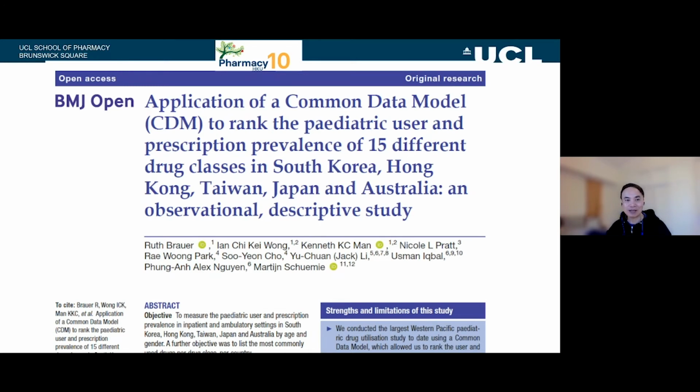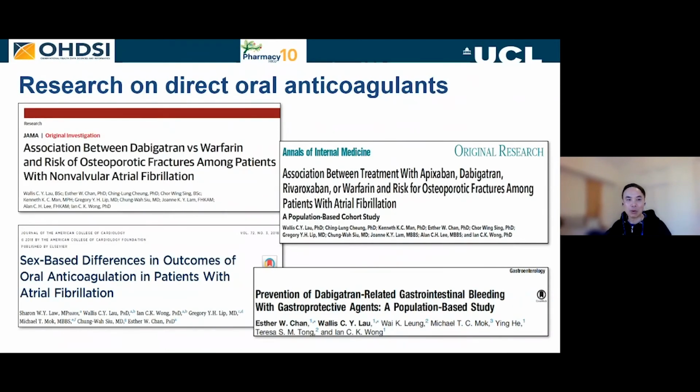But having said that, this time we are looking into anticoagulant. Our team has been working on anticoagulant for a long time. In the past, we only used data mainly from Hong Kong or from the UK. So we worked on a lot of different hypotheses, like what Martijn talked about earlier: we run the study using our hypothesis.